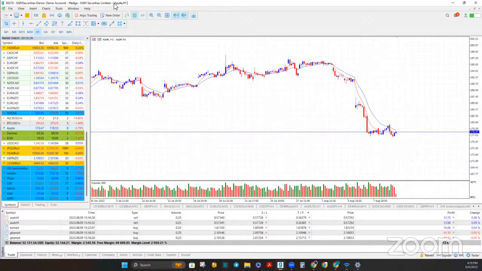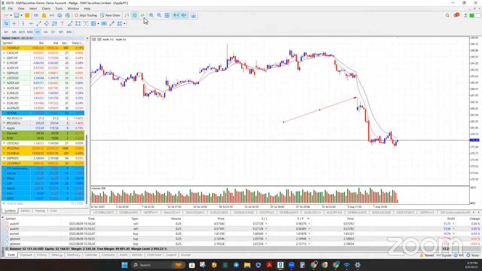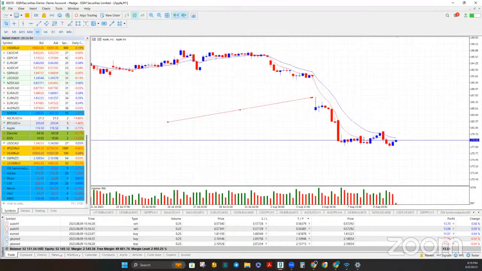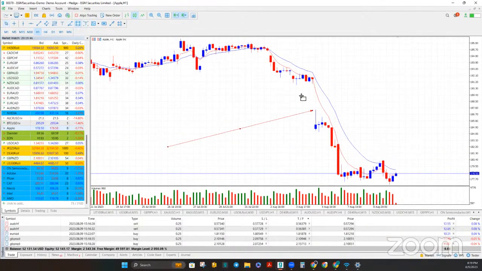So recently we had Apple releasing earnings, and the earnings were released around this time here. And as you can see here, the Apple earnings actually caused a gap. This gap that you see here was caused by the Apple earnings. Now, the reason for this gap was because Apple actually delivered disappointing earnings.